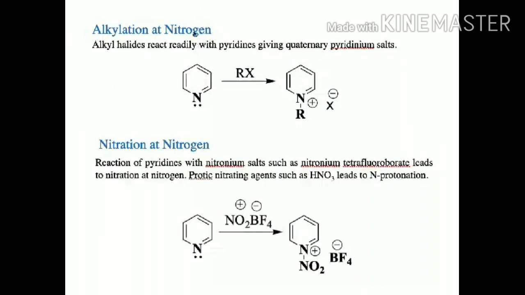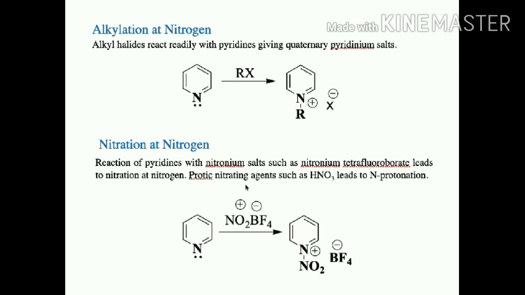If you come to alkylation at nitrogen, alkyl halides react readily with pyridine, giving a quaternary pyridinium salt. So if pyridine is reacted with an alkyl halide, it reacts at the nitrogen and forms a pyridinium salt. And if we see nitration at nitrogen, reaction of pyridine with nitronium salts such as nitronium tetrafluoroborate leads to nitration at nitrogen.